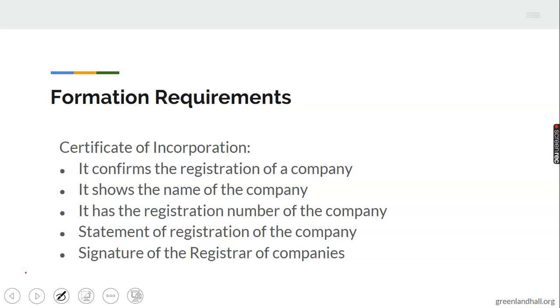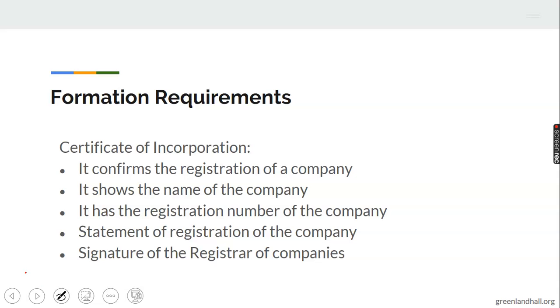The first one that we'll be considering is a certificate of incorporation. When we say certificate of incorporation, this is the document that confirms the birth or the registration of a company. And it shows the name of the company, for example, XYZ company.